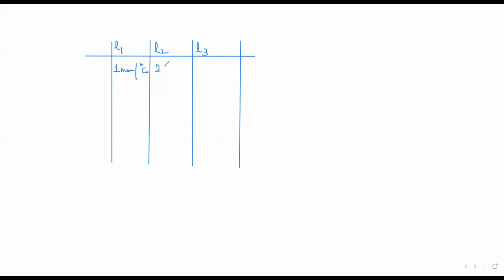L2 is changing 2 meters per degree Celsius. And L3 is changing at least 20 meters per degree Celsius. Which one of these three? Let's make it 1 millimeter, 1 meter, and instead of 2 meters make it 2 centimeters. Which one of these three will you choose to make a thermometer? All of them are varying linearly.